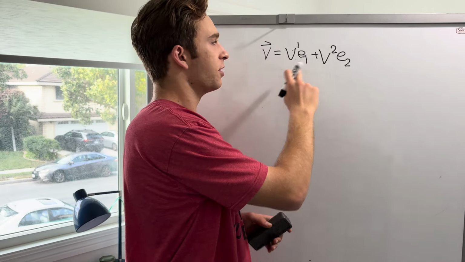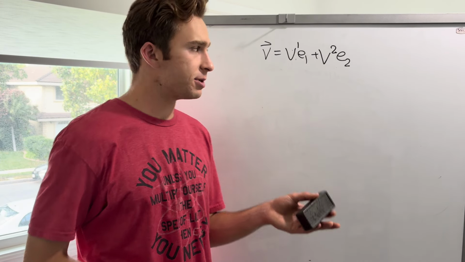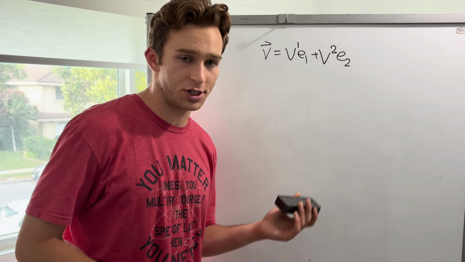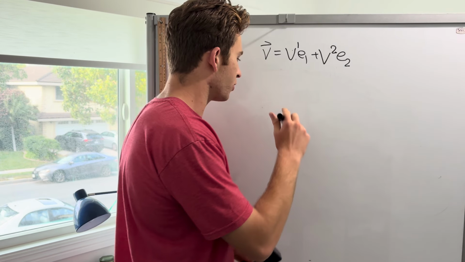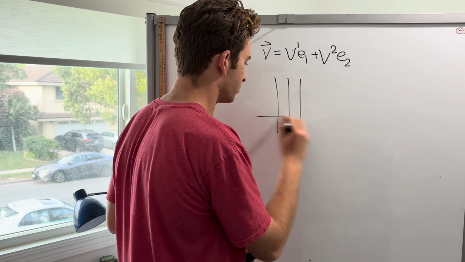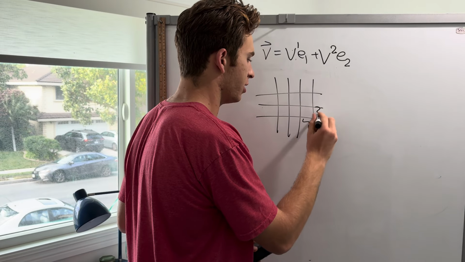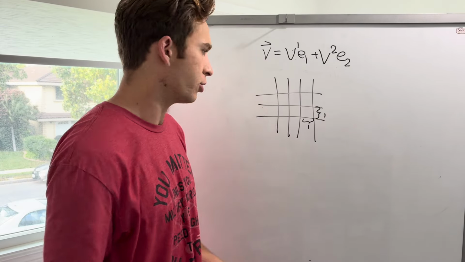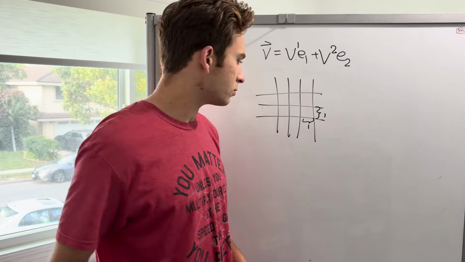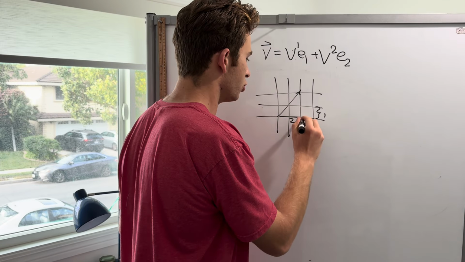This does not mean V to the first power or V squared. That's not what those mean. That just means that they're contravariant vectors. Now, what does that mean? Well, if you have a grid and each square has an area of 1, so your 1 by 1 regular unit grid, and you have a vector, right? Its components, let's say 2, 2.